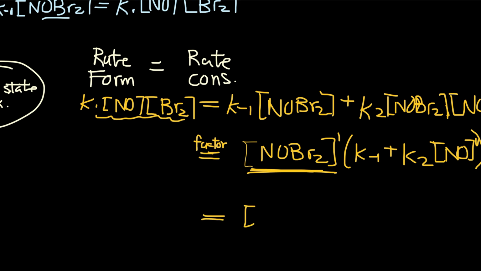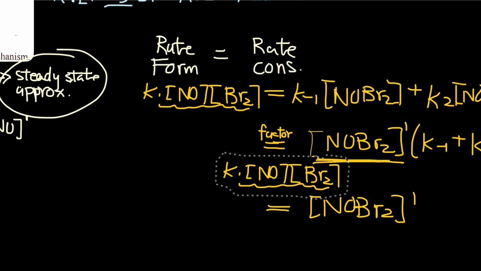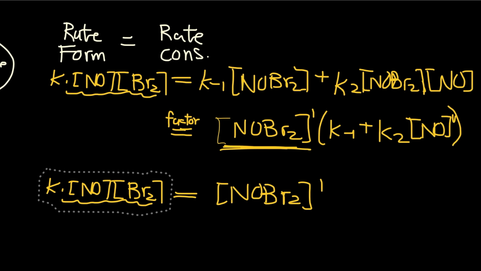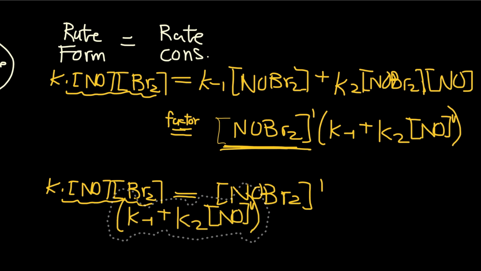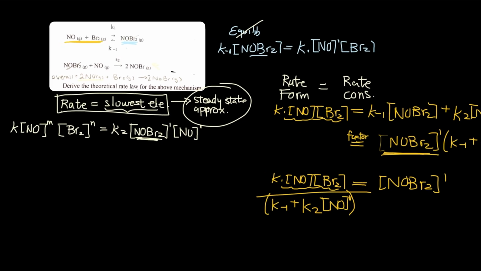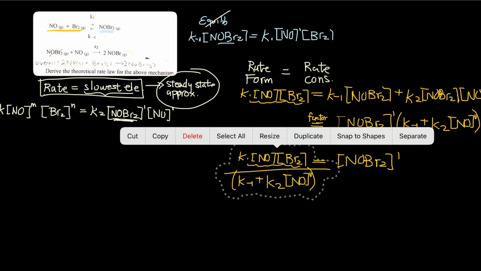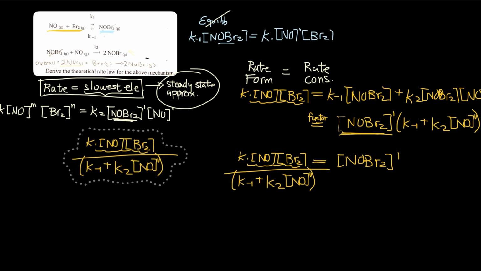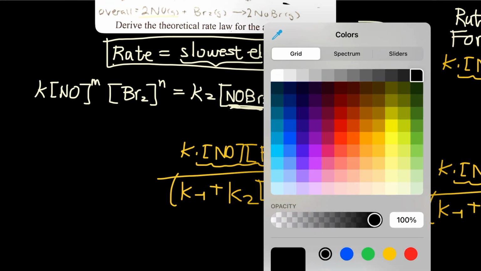So we isolate. I'm going to bring this to the denominator. So this would be our expression for the intermediate, and we would throw all of this expression for the intermediate in the place of the intermediate in our main problem going on here.